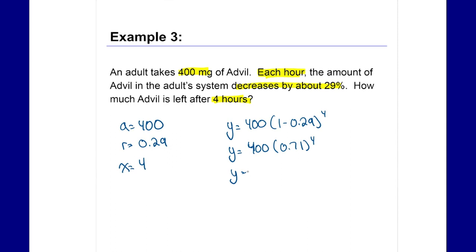And in the end, when we calculate, we should get 101.65 milligrams. So therefore, 101.65 milligrams of Advil left after 4 hours.